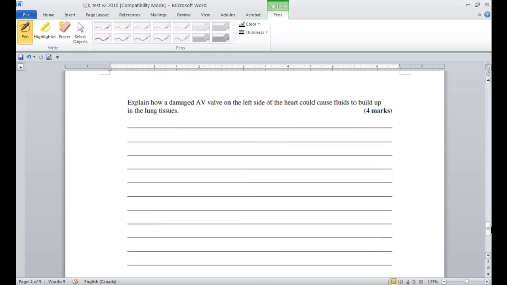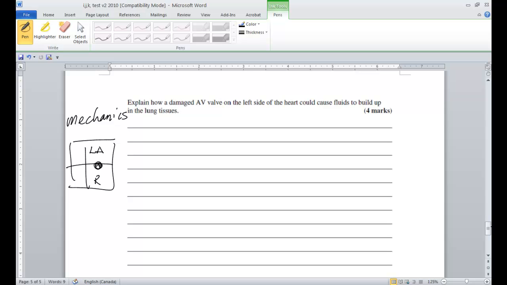Last question. This was really about mechanics. You had to explain the mechanics, basically, of the heartbeat. And if you didn't understand, as some of you did not, that the AV valve on the left side, between the left atrium and the left ventricle, right? This is blood that is returning from the pulmonary vein.